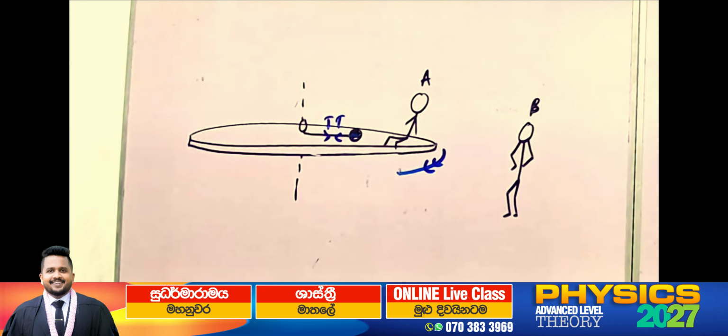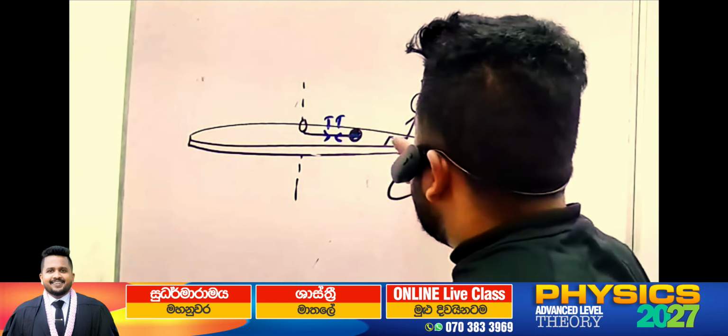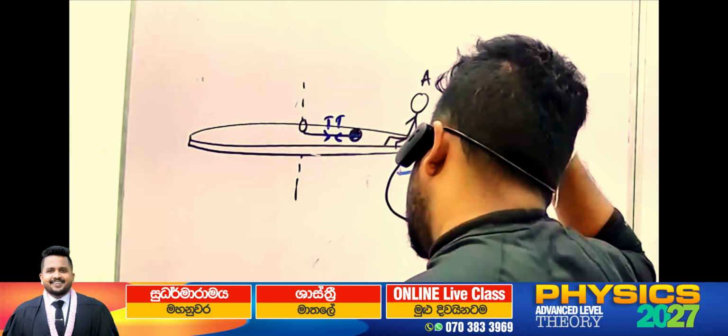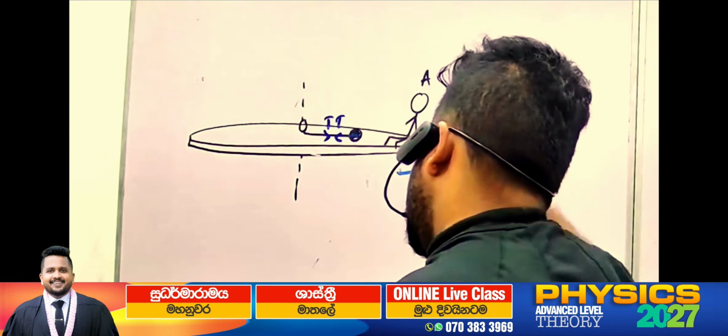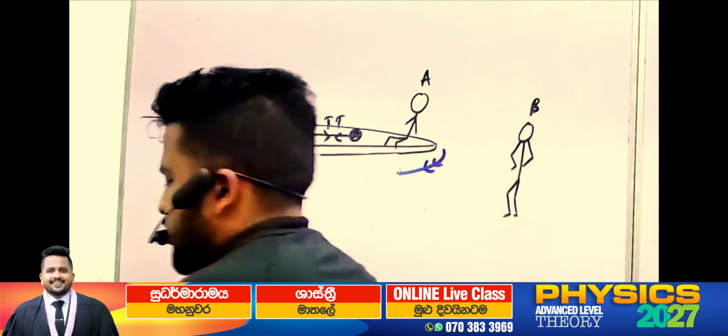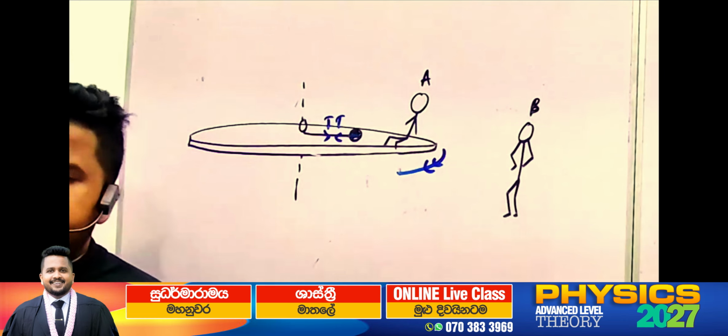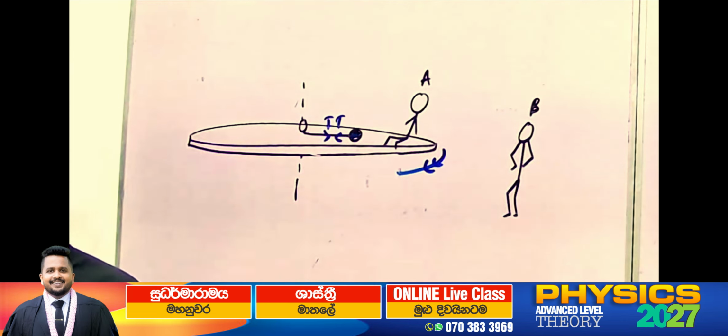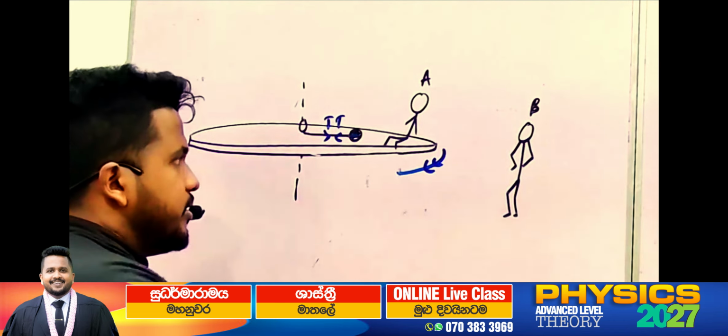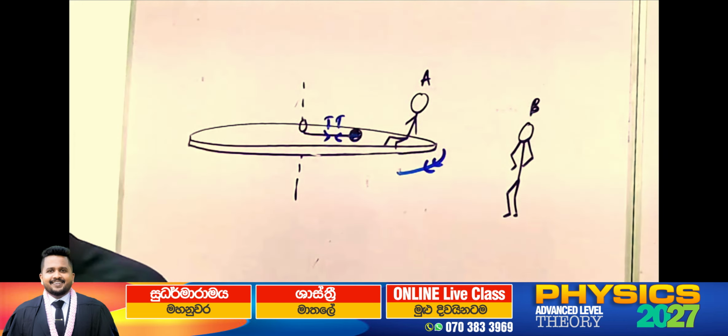Consider two observers, A and B, as follows. As in the diagram. Right. Draw the diagram.